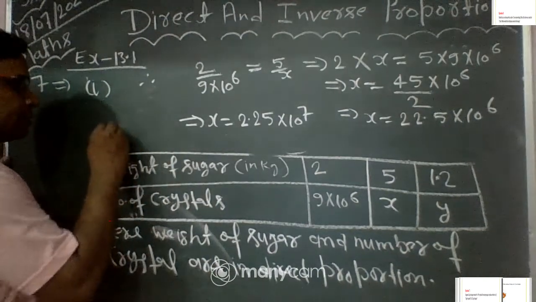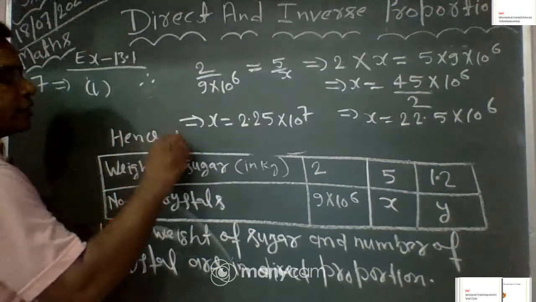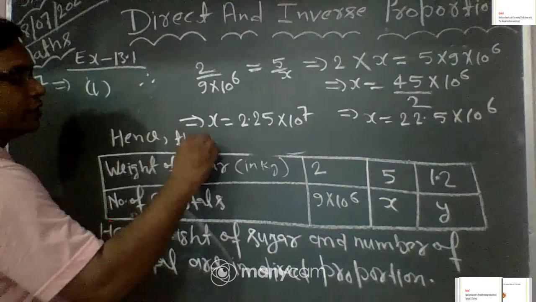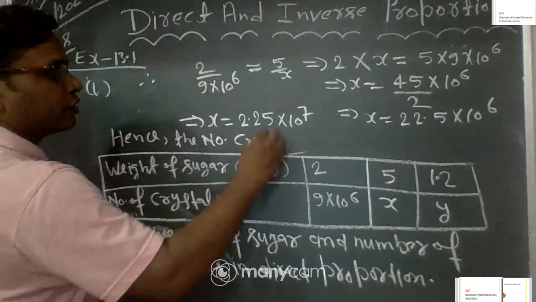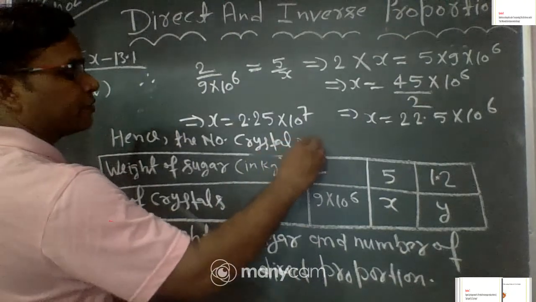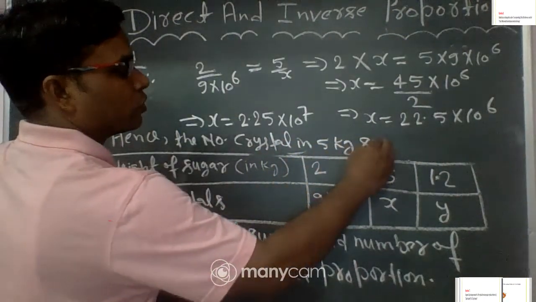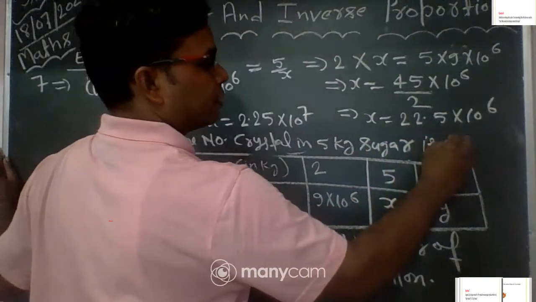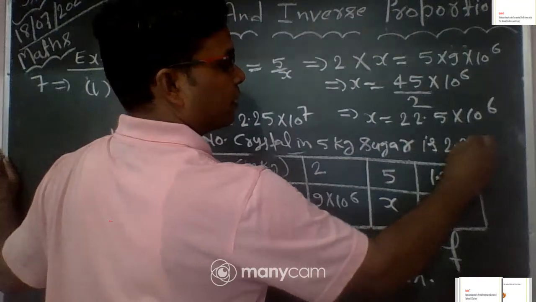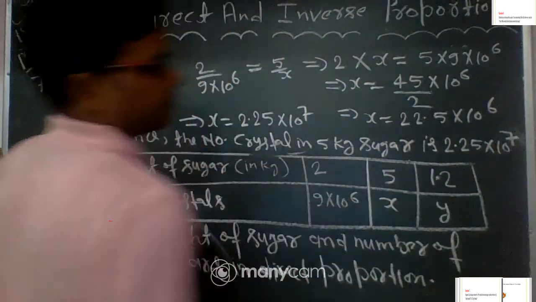Hence, you can write here: the number of crystals in 5 kg sugar is 2.25 into 10 power 7.